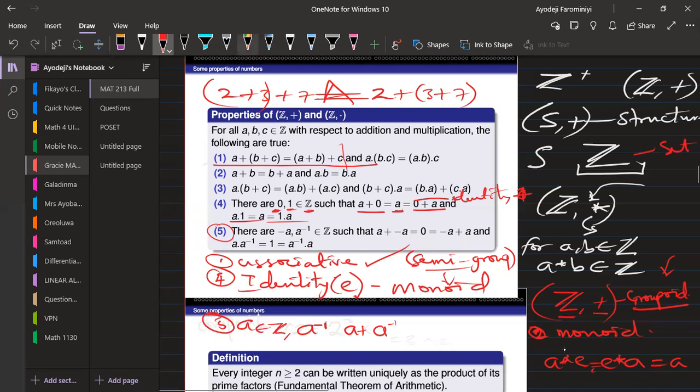Let me use the same notations that I used in this material. Generally we use the element raised to power minus 1 to represent inverse, but for additive inverses we use minus that element. So for every a in Z, there exists minus a in Z such that a plus minus a is equal to the identity element. And what's the identity element under addition? 0, isn't it?